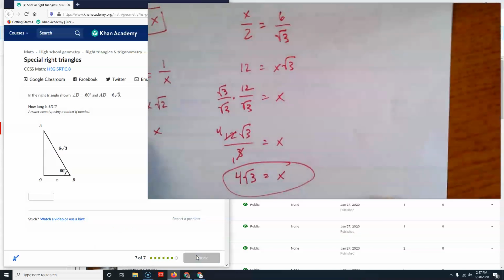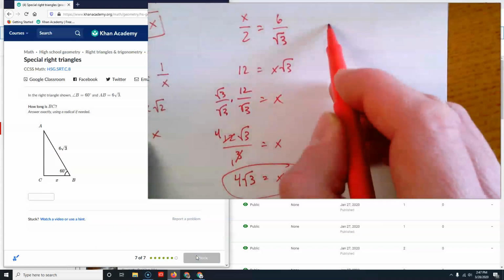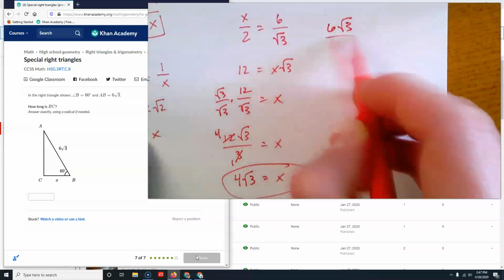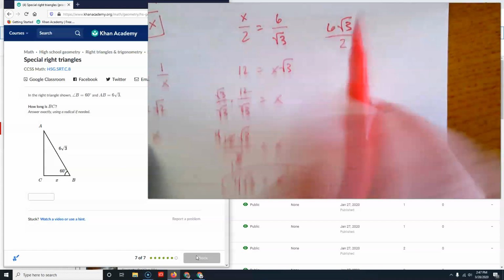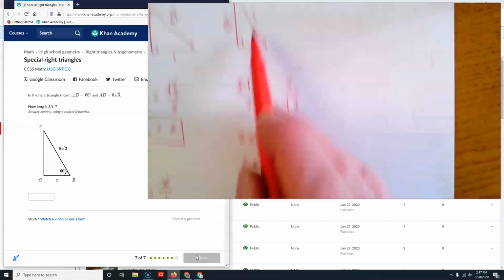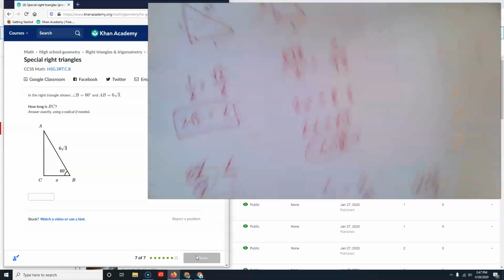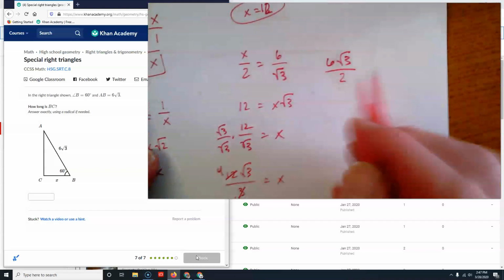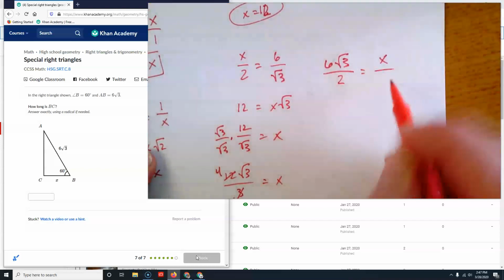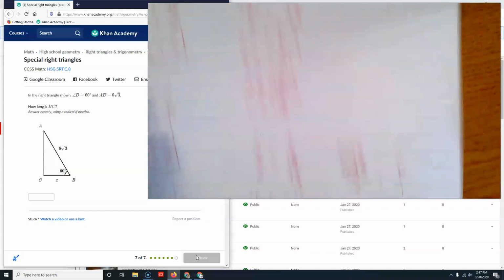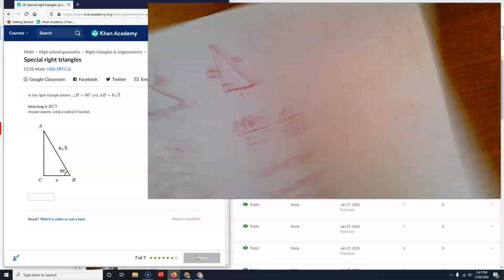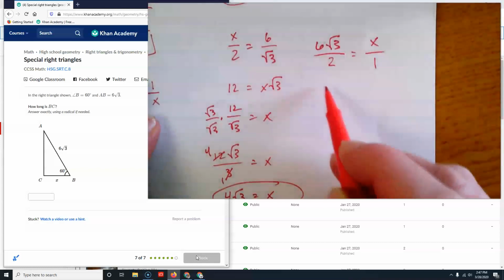So let's see. This is another 30, 60, 90. So we have 6 square root of 3 over 2. Because the hypotenuse of the original is 2. And then equals x over 1. Because the short leg in the original is 1. So cross multiply.